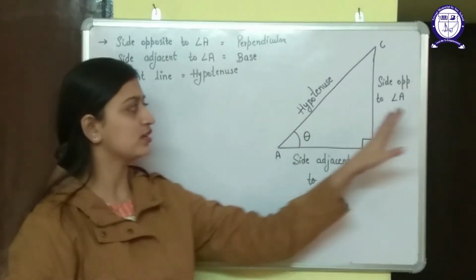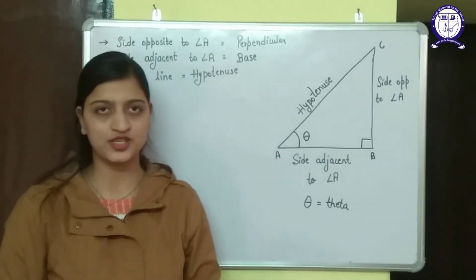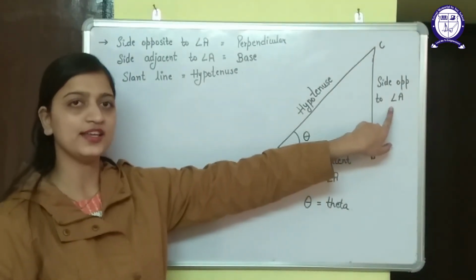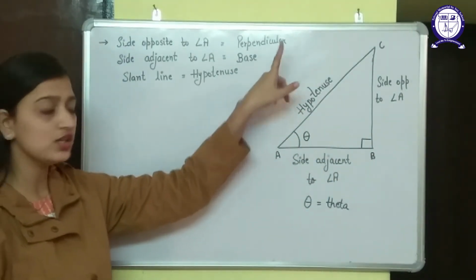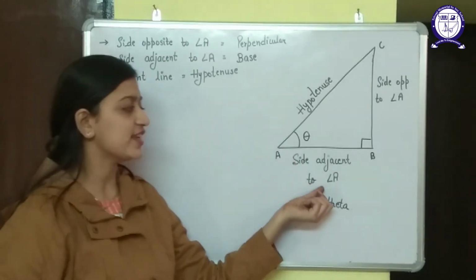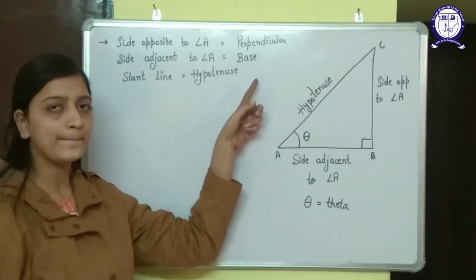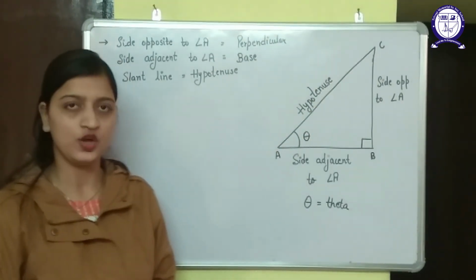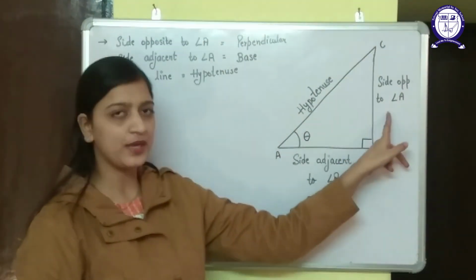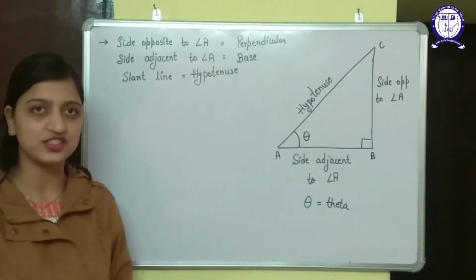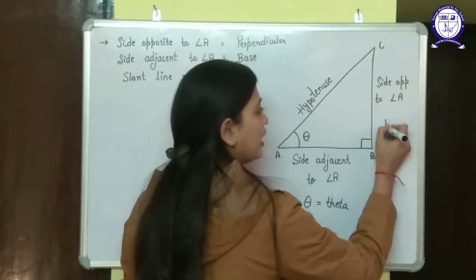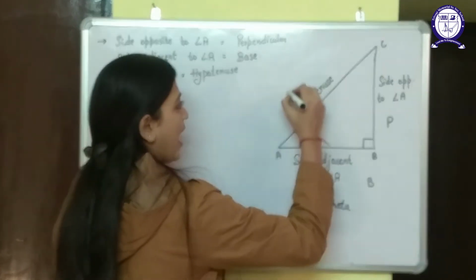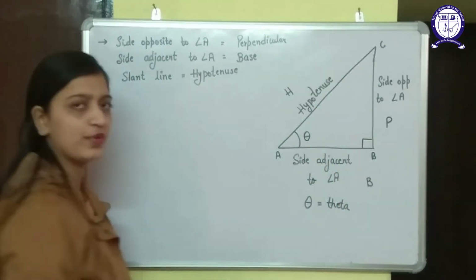Now these sides have different names in this chapter. The side opposite to angle A is called the perpendicular, the side adjacent to angle A is called the base, and the slant line is always known as the hypotenuse. So basically these are my P, B and H. These are the abbreviations we always use: P for perpendicular, B for base and H for hypotenuse.